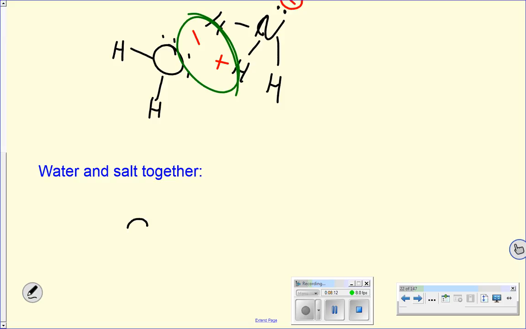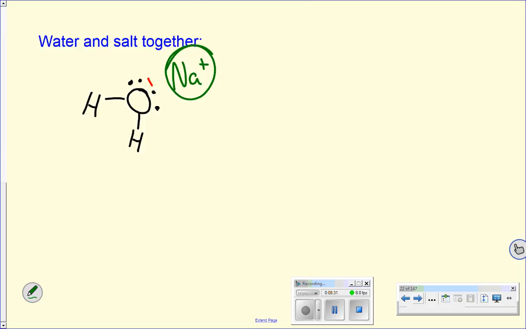Water and salt. Any type of a salt or ionic compound that we talk about, this negative region by the oxygen, if we were talking about sodium chloride, could interact with a sodium ion. And that's actually how dissociation and dissolving occurs. Waters interact with and surround ions.